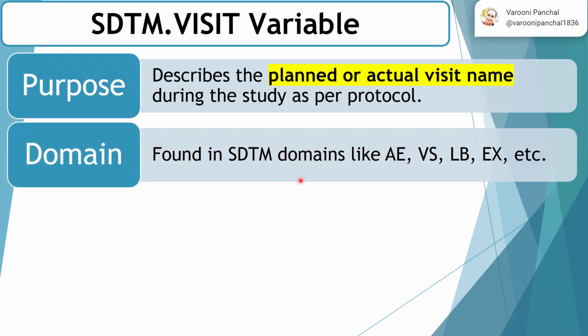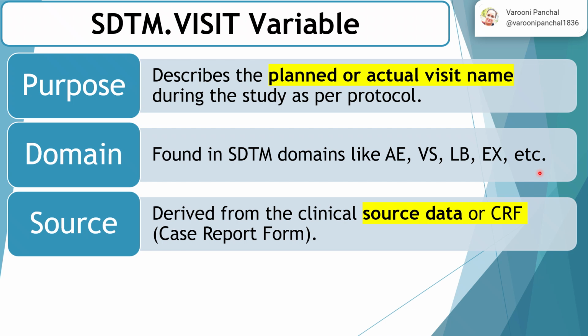Domain: it is found in SDTM domains like AE, VS, LB, EX. This is adverse event, vital signs, laboratory and exposure. It is not limited to only these domains. It is also found in most of the other domains in the SDTM models. Source: derived from the clinical source data or the CRF, case report form.